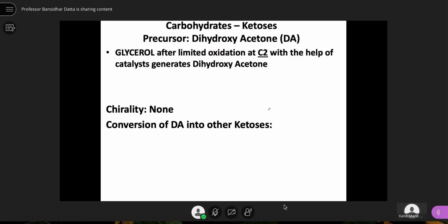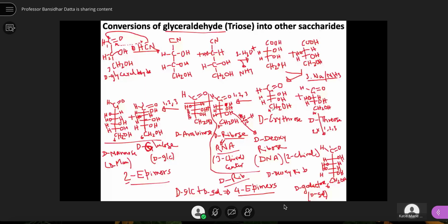I have a question. You have an arrow going from D-thiose to D-galactose. Is that directly from it because it has 2 extra groups? So D-thiose has 4 carbons, 1, 2, 3, 4.